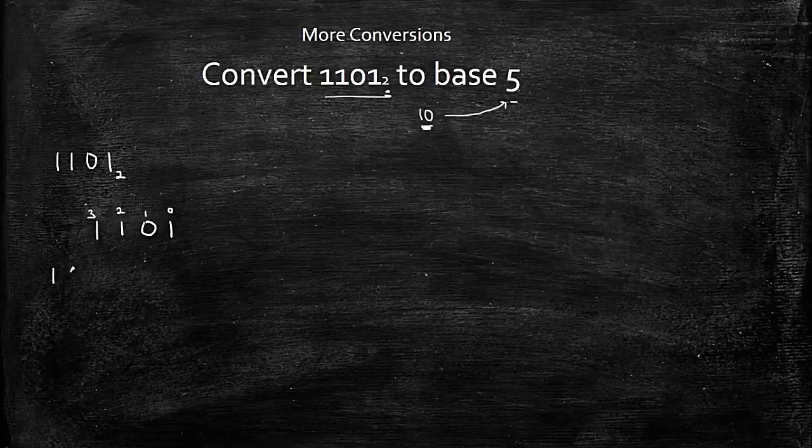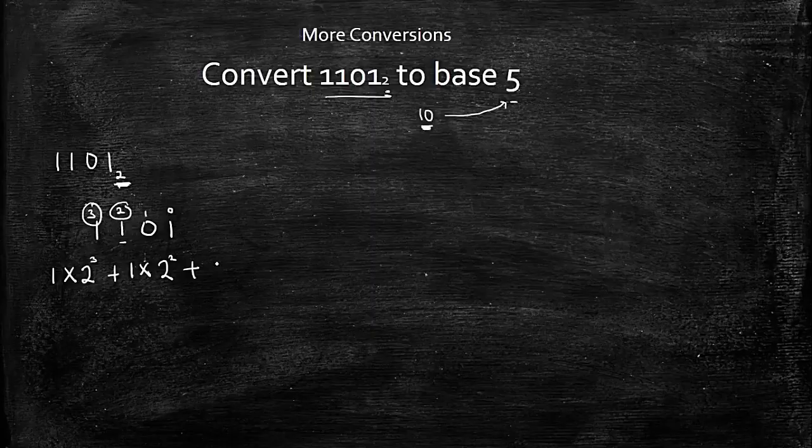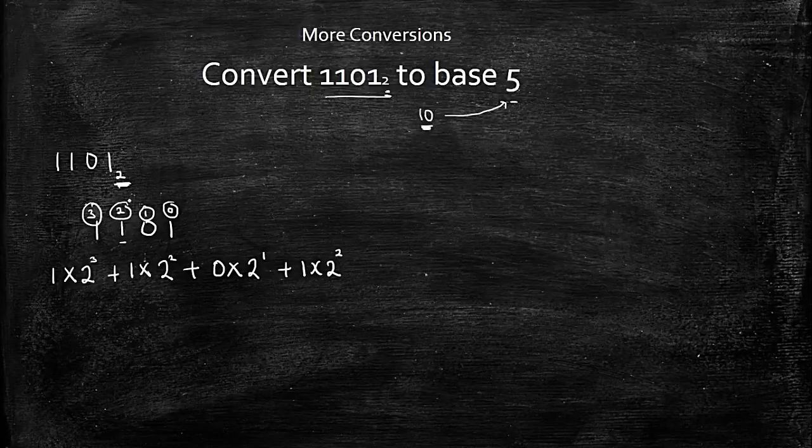And then we write 1 times the base we are working with, 2, raised to power 3, plus 1 times the base we are working with, raised to power 2, plus 0 times 2 raised to power 1, plus 1 times 2 raised to power 0. The 2 is from the base, and this 0 is from the power.